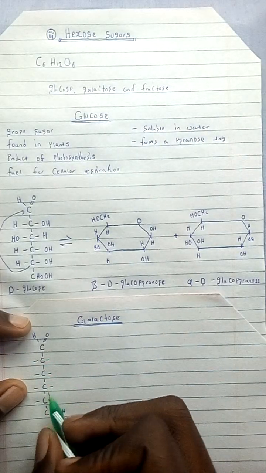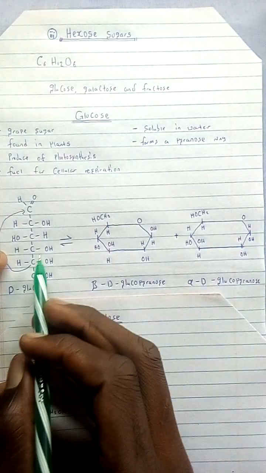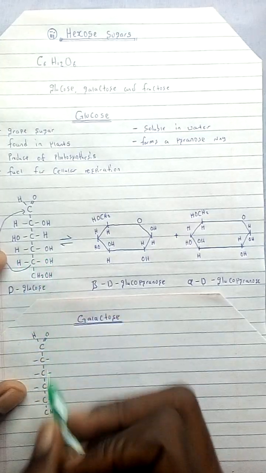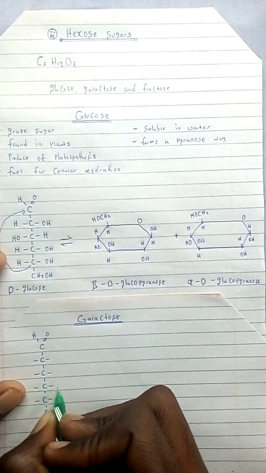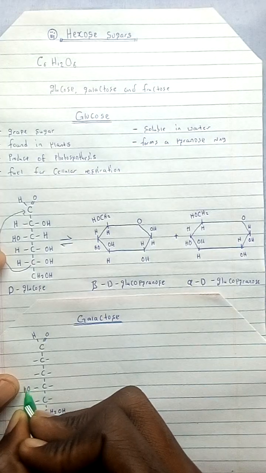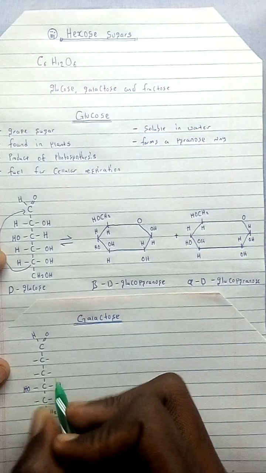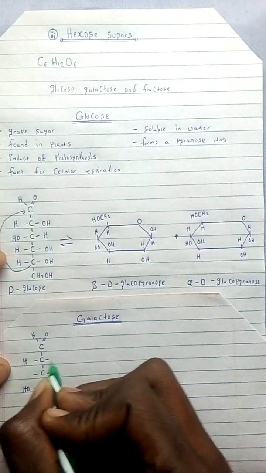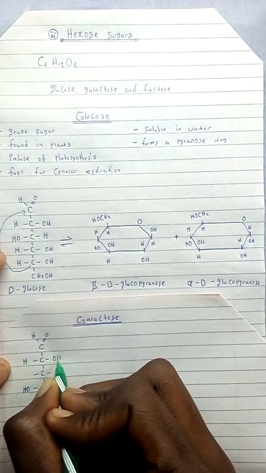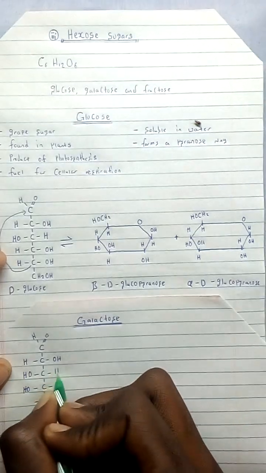Carbon number 4: we swap, meaning that instead of having the OH group on this side, the OH group will be on this side, and this side will have the H. Everything else remains the same, guys.